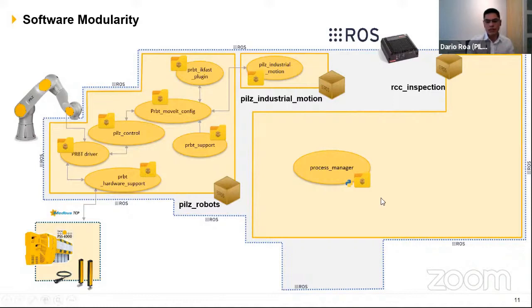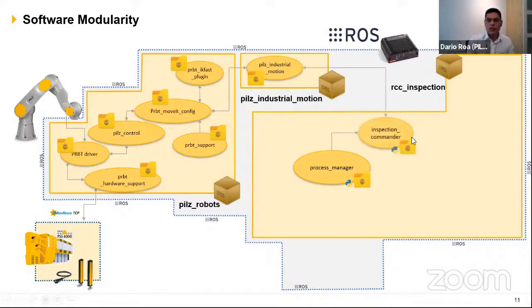But this kind of logic allows us to take into consideration things like safety, which usually are not considered in process flows for state machines or, for example, behavior trees.